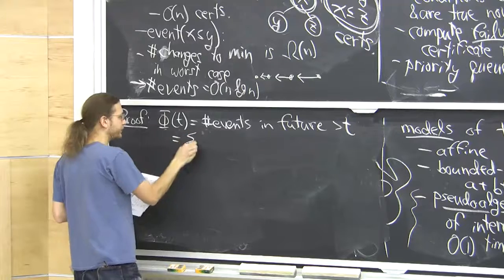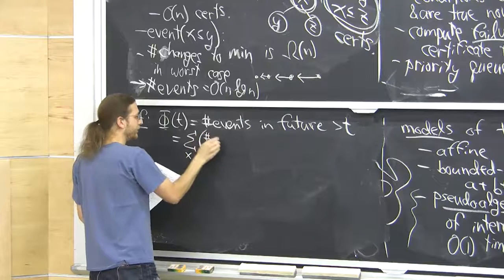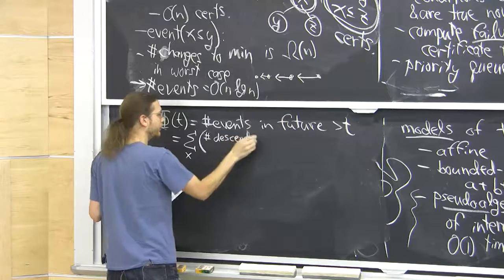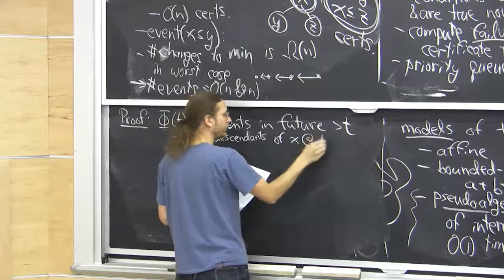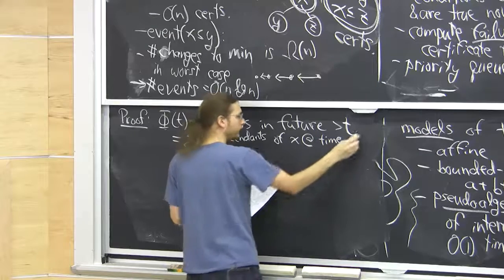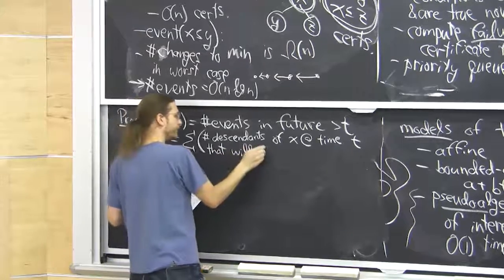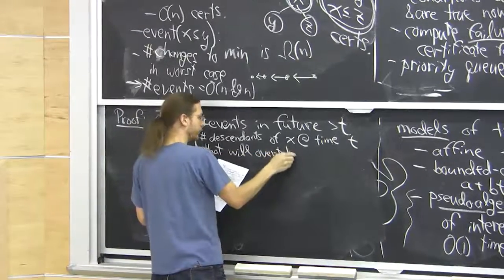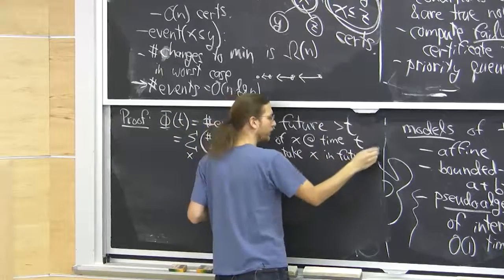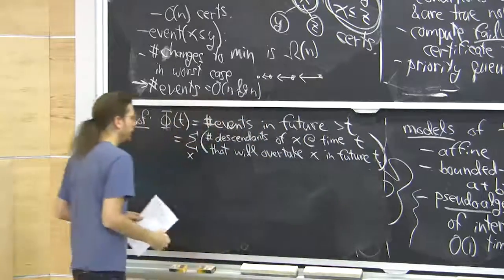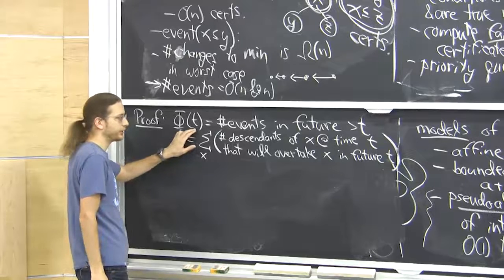So I'm going to rewrite this as follows. I'm going to sum over all items x, and we're thinking about the potential at time t.